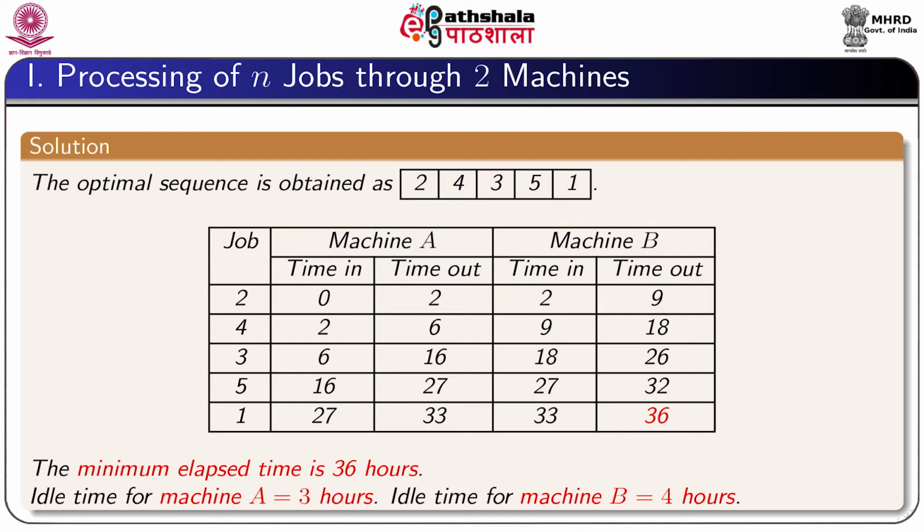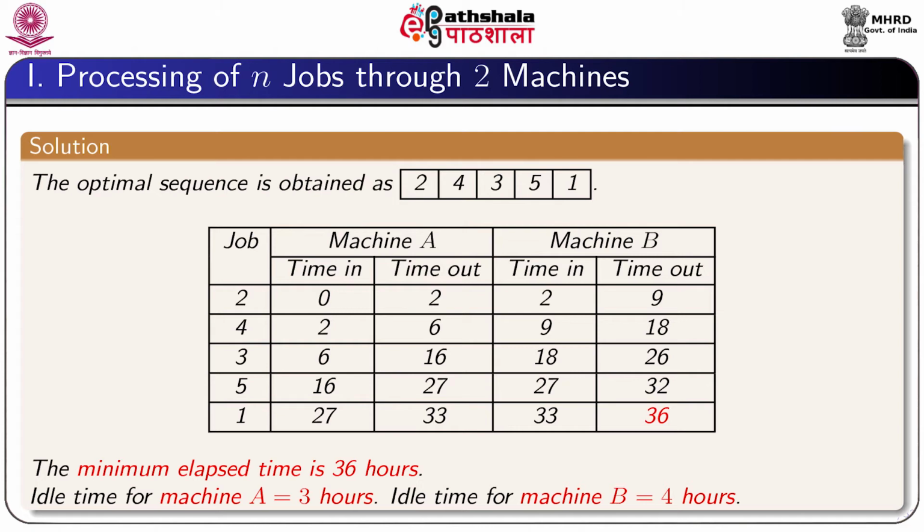And to compute the idle time on machine B, we see that when job 3 on machine B is completed, it is 26 hours, and then machine B has to wait for 1 hour to start processing job 5, because job 5 was not completed on machine A then.